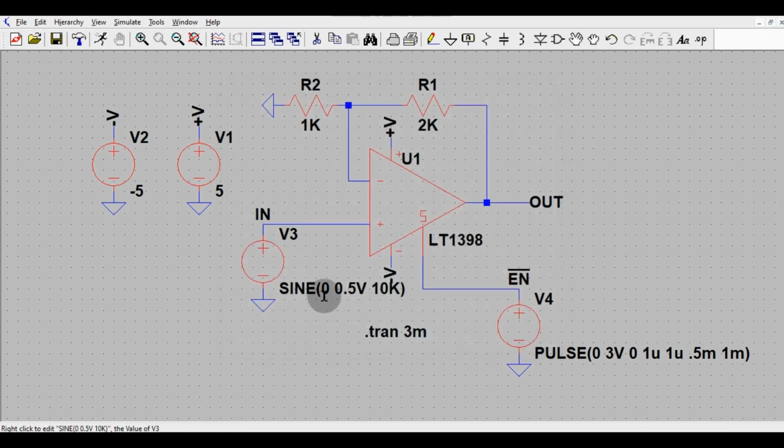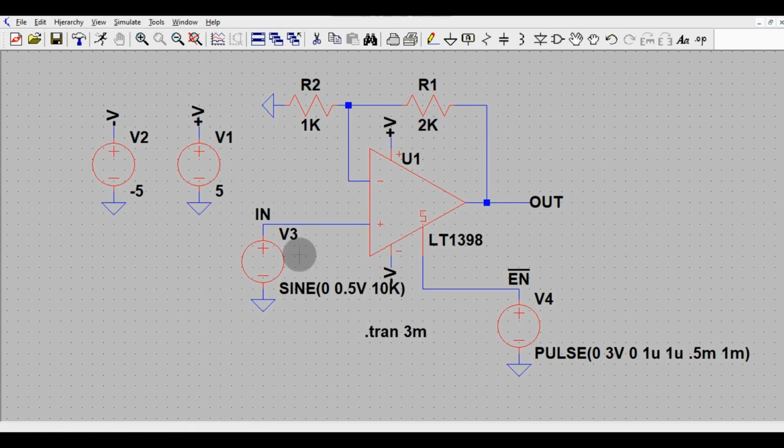For this amplification, since this is a non-inverting amplifier, the gain is given by 1 plus R1 divided by R2. That means 1 plus 2k divided by 1k. That means the gain of this amplifier is 3.